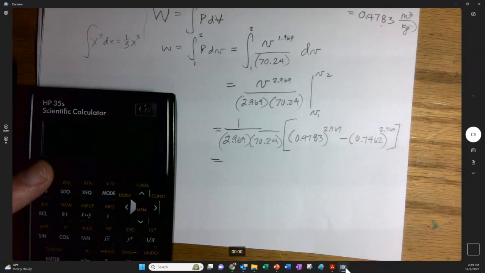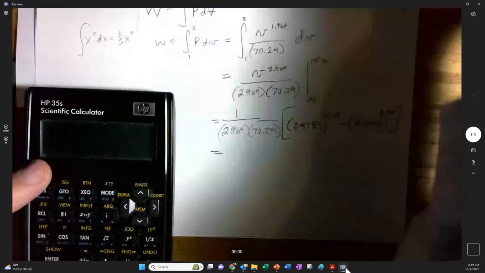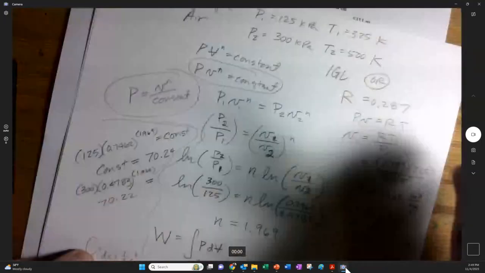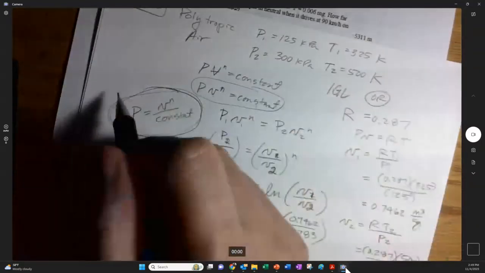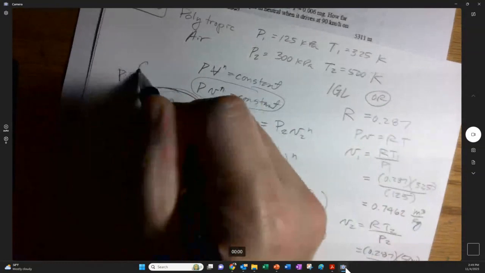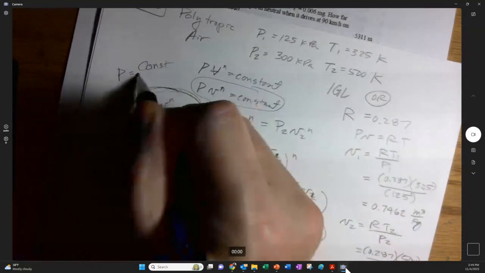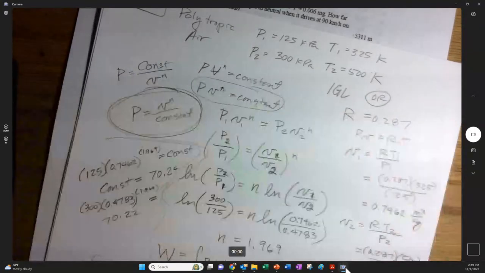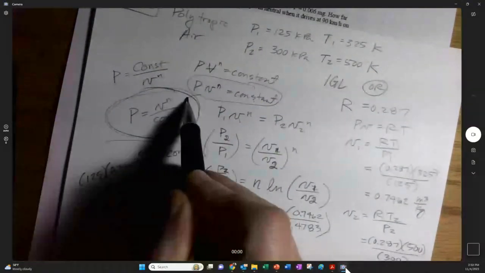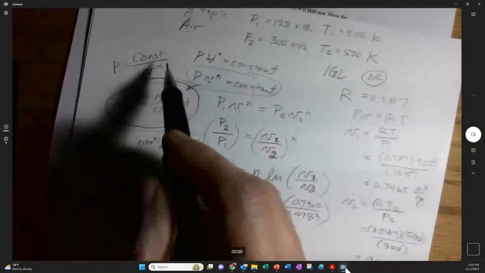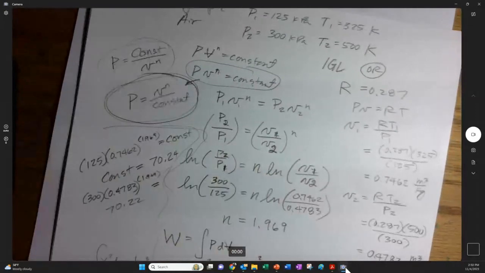Oh, I made a math error. My bad. This is not true. P would be equal to the constant over V^n. I'm sorry, that's where you make a simple little math error somewhere in the beginning and you cause yourself all kinds of problems.